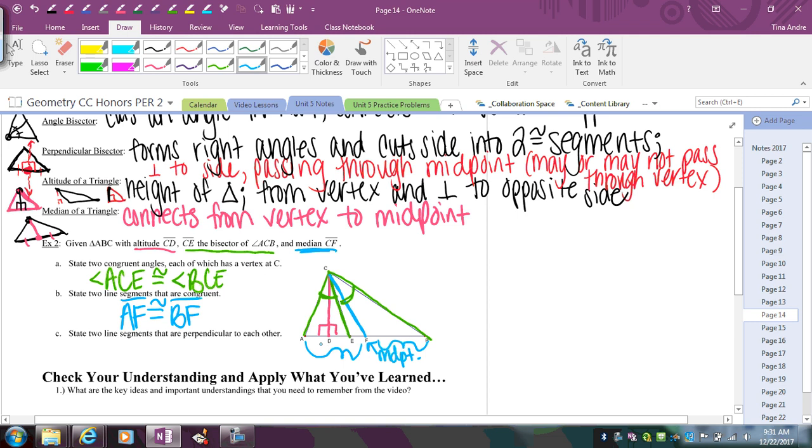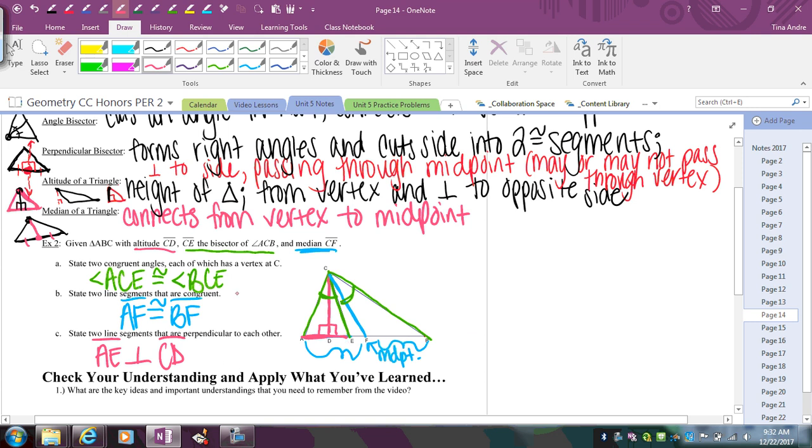So if I look at this, CD is perpendicular to AE. And for the bottom one, you could really say CD is perpendicular to AD. You could say CD is perpendicular to AE, AF, AB, whatever letters you want to use for the bottom. But the main thing is CD is the one that's perpendicular to this bottom segment, and that's because of the altitude forming perpendicular lines.